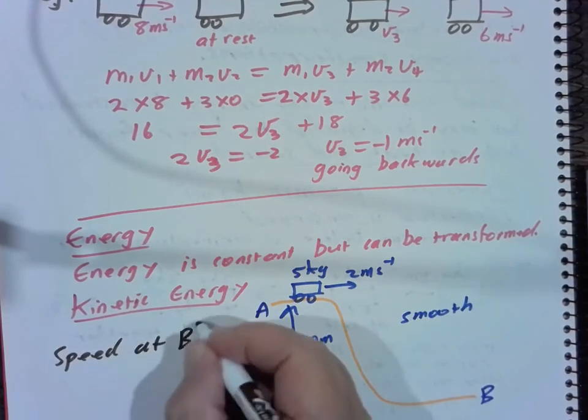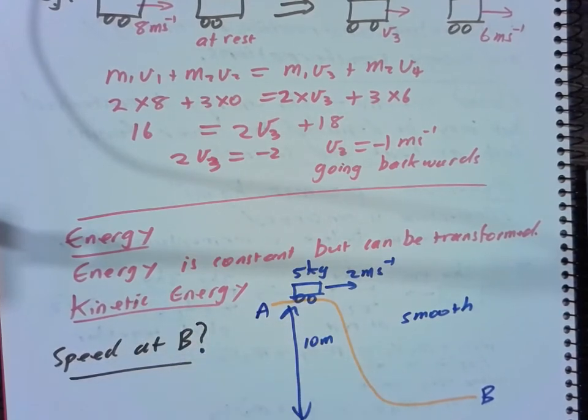So what's the speed at B? And we know that the speed at B, the cart has the EK from the top, so the kinetic from A plus the gravitational potential that it gains.